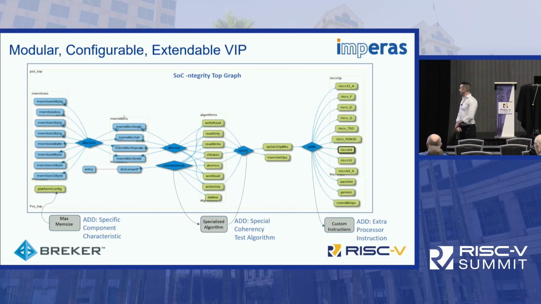And then at the very end, we add the specific processor instructions. For RISC-V, you can tell us exactly what extension you want to be running. So this gives you an idea of how not just configurable, but also extendable, the tests are that we provide through these fast apps.